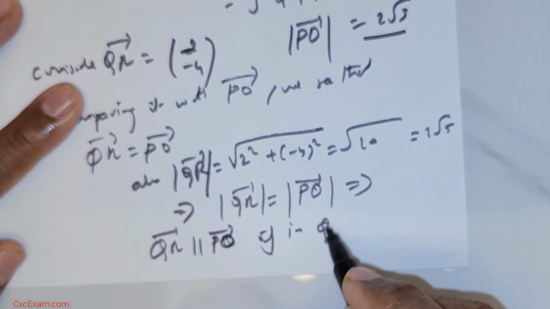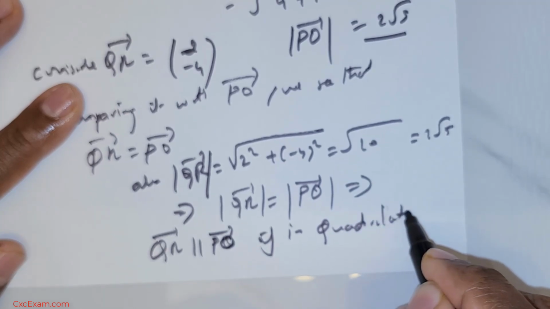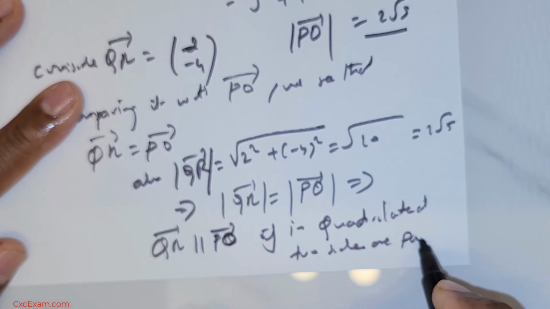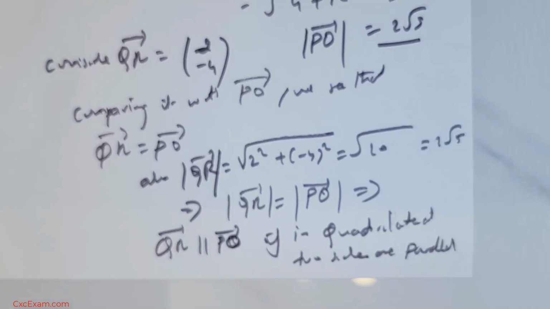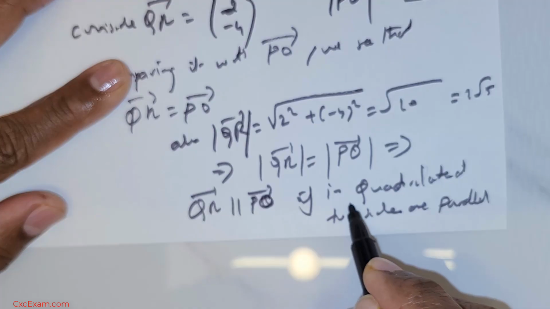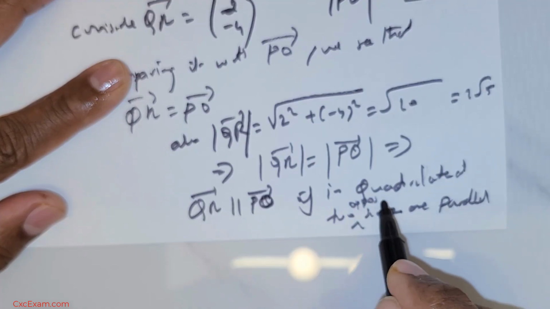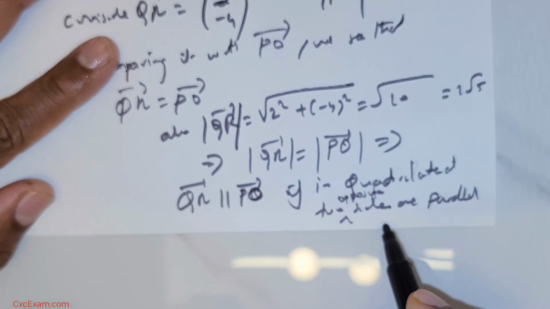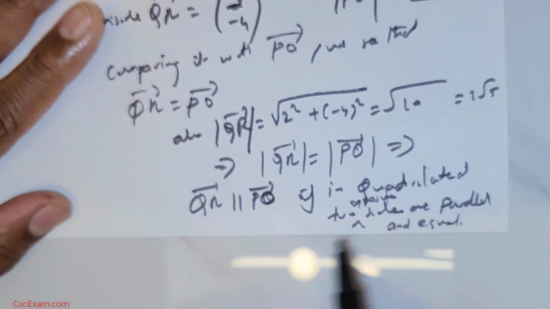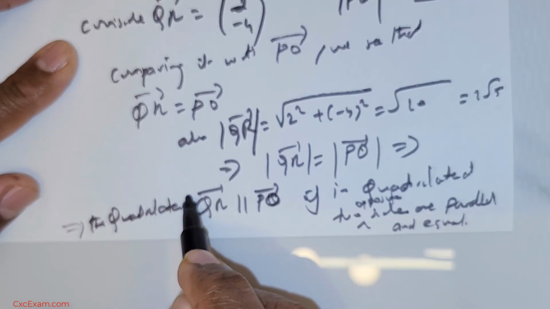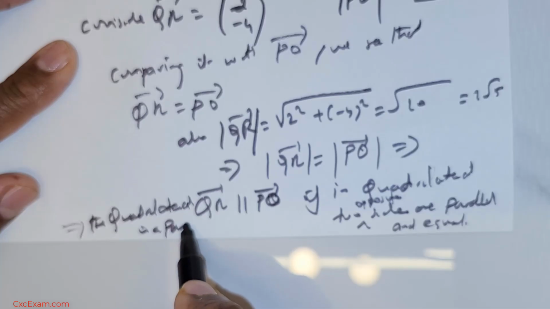If in a quadrilateral two opposite sides are parallel and equal, then this means the quadrilateral is a parallelogram.